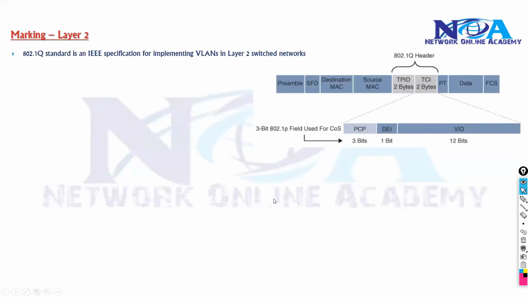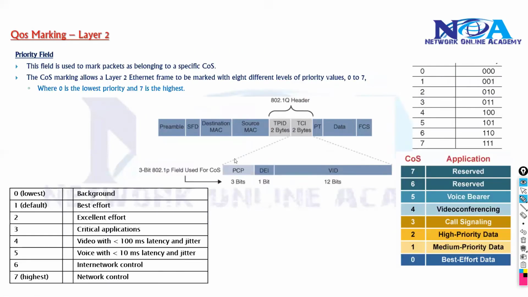So let's see the first field. Here in this diagram, as I said, we will be using this priority field. This priority field is going to be 3 bits, which means if you write the binary values of these 3 bits, you can write 8 different combinations, from all zeros upward. Based on this, you will get values in the range of 0 to 7.